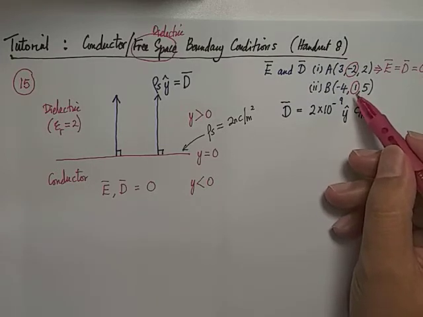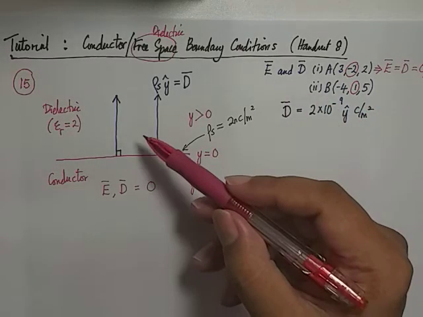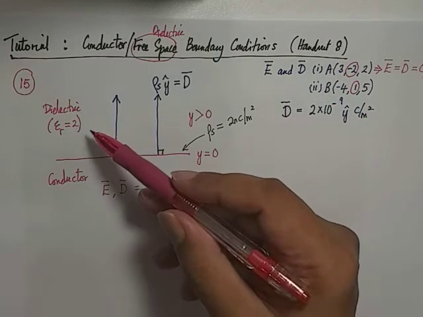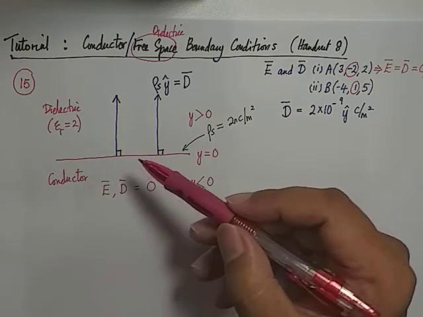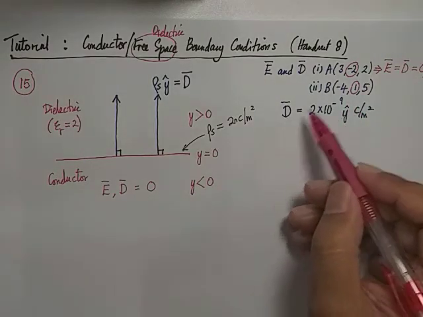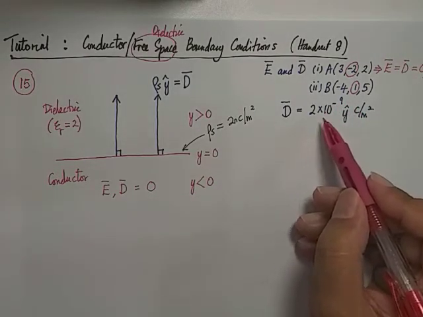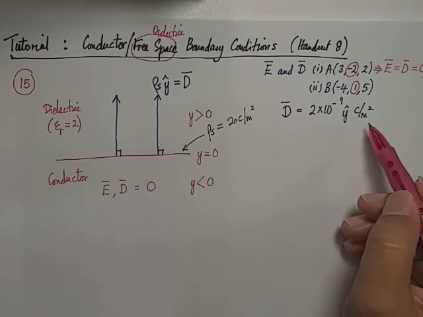So that should be an indicator to us that point B is located in the dielectric region, because the y variable of B is greater than 0. Therefore, I'm going to state the D at point B is equal to 2 times 10 to the minus 9 in the y direction, unit-wise coulomb per meter squared.